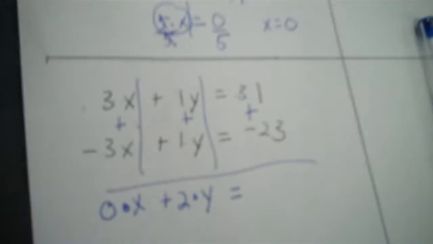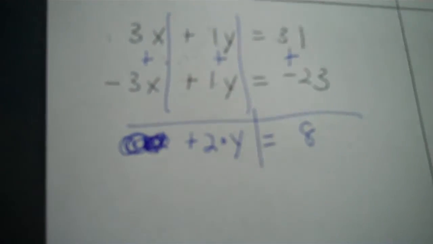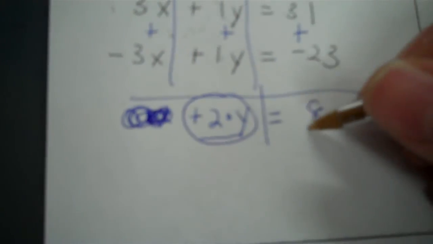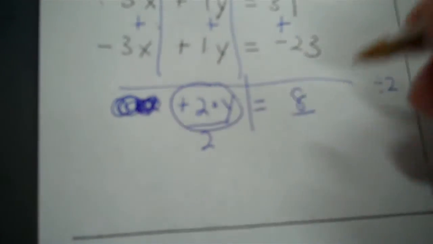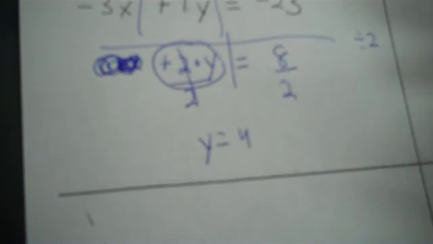And then 31 plus negative 23 is 8. So this works. So I want the 0. If I have a 0, I'm good to go. So you have times 2, and you are going to divide by 2. It's a positive 2, so it's just 2. 8 divided by 2 is 4.